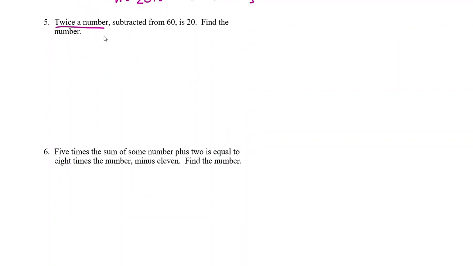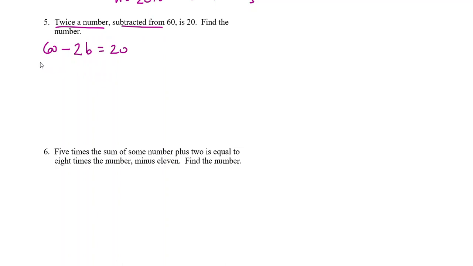Twice a number, so 2 times b. Let's call the number b. 2 times a number subtracted from, oh no, we're subtracting 2b from something, what, 60, equals 20. So twice a number subtracted from 60 equals 20.